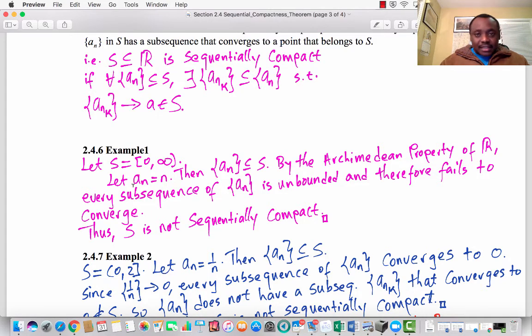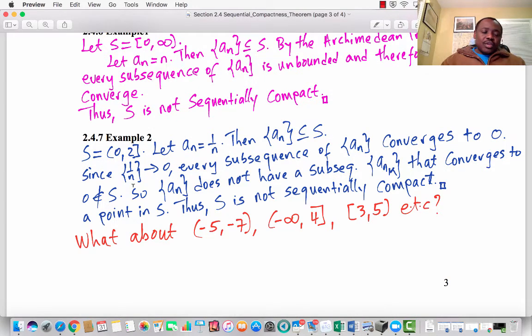Example 2. S is the interval open at 0 and closed at 2. Now let a_n be the sequence defined by a_n equals 1 over n. Then the sequence is in S. 1 over n converges to 0. We saw that in section 2.1. And we did prove that every subsequence of a sequence converges to the same limit that the mother sequence converges to.